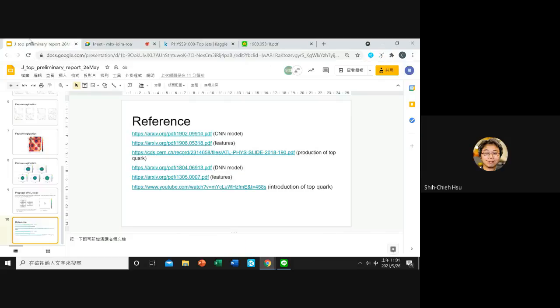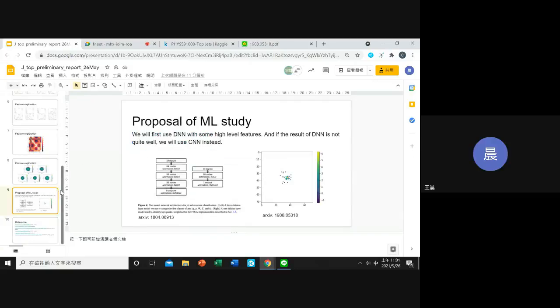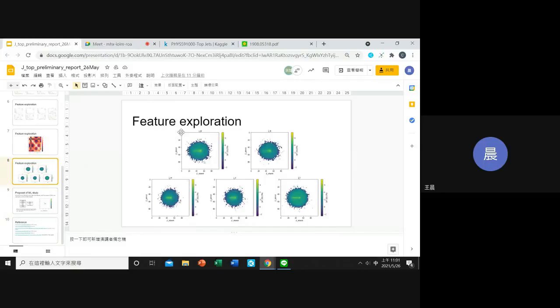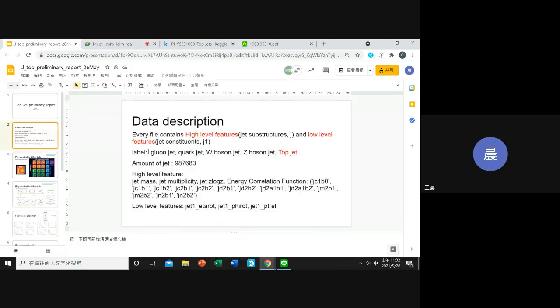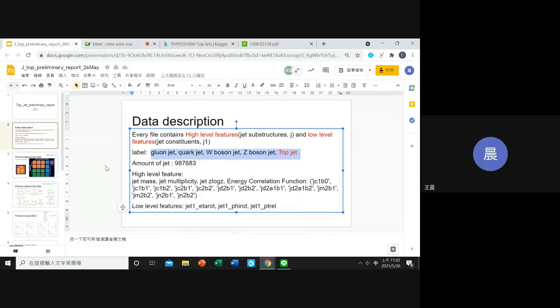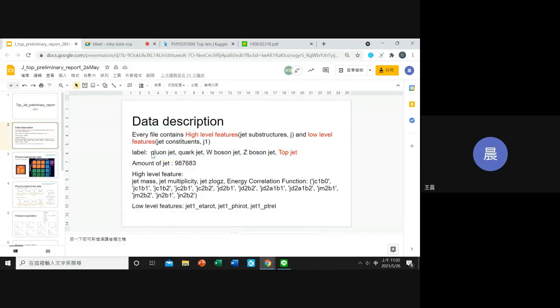Can you comment on what model you are trying to work on, in terms of whether it is a binary classifier or a multi-classifier? I think it's a multi-classifier. We want to classify into these five labels, like gluon jet, quark jet.